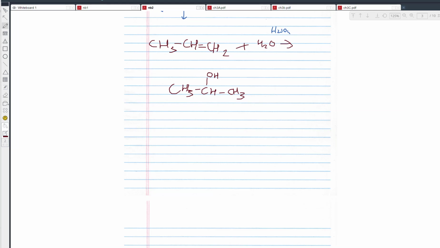Now, we did A, we did B, we did C. Now D. All right, D. We have 1, 2, 3, 4, 1-butanol, and it's going to 1, 2, 3, 4. It looks like 2-chlorobutane.